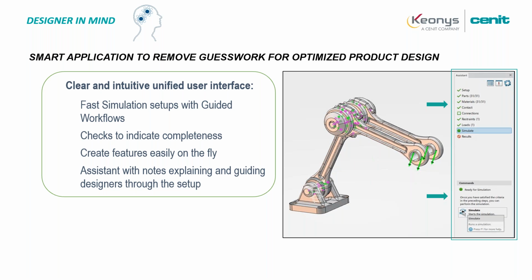And if they are going to do some simulation, they don't want to think about all the theory and the complexity of the simulation. So something that is easy to use, something that is fast to set up, and we also have an assistant that guides you through the simulation workflow, so it helps you to see what's missing for the simulation and what's good for the simulation.